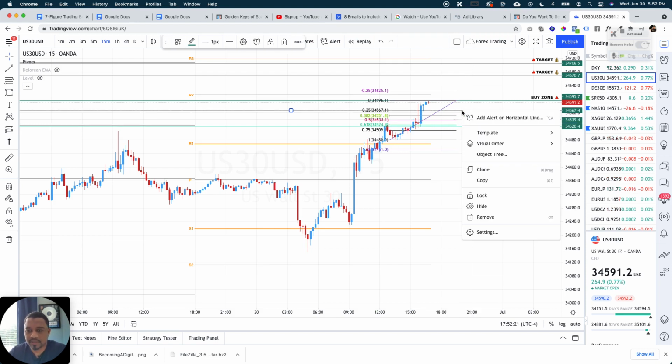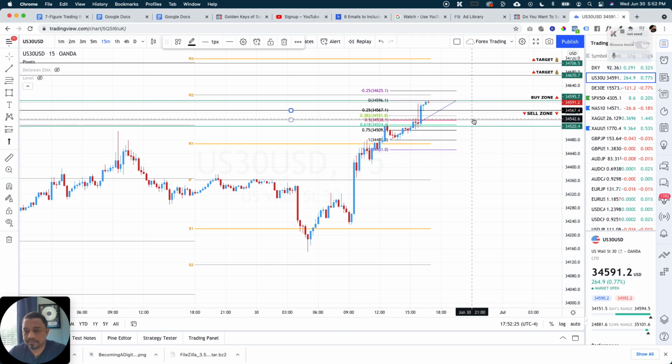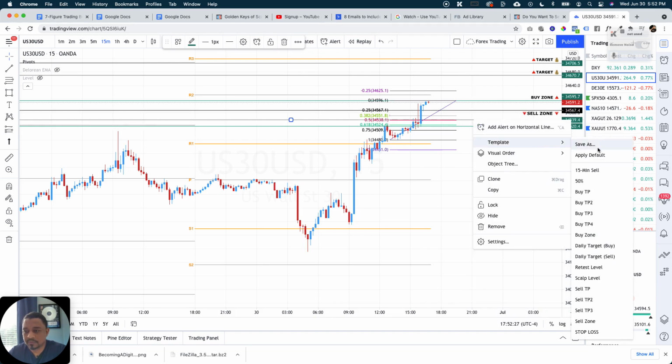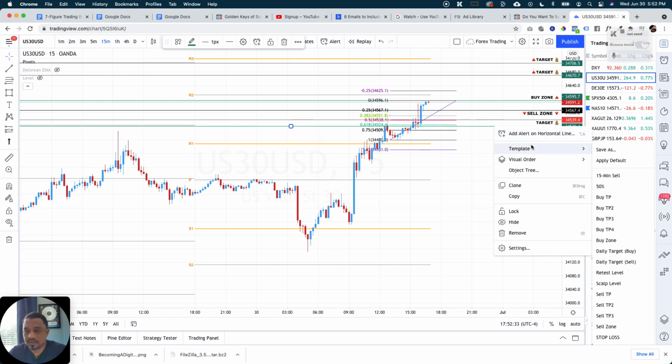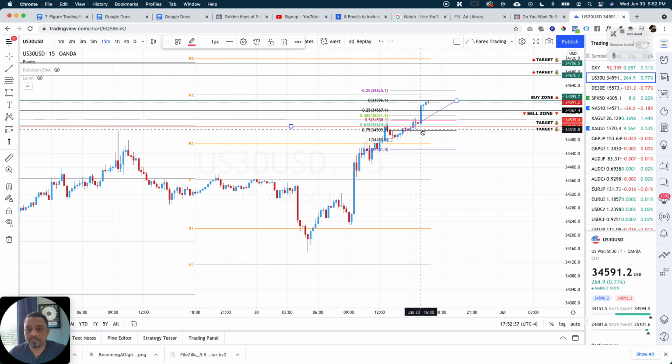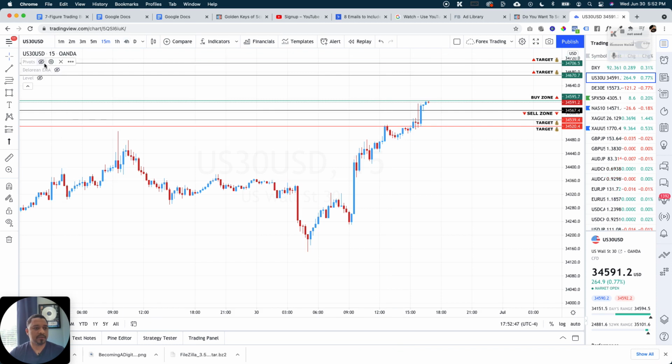This would be my sell zone right here. And this would be my potential targets right here. And then we clean it up. And we go about our business.